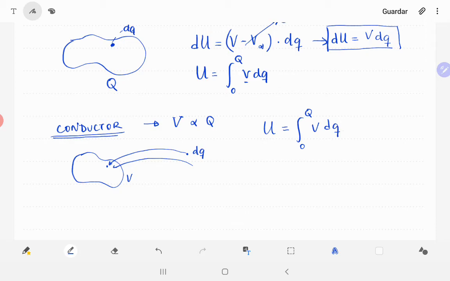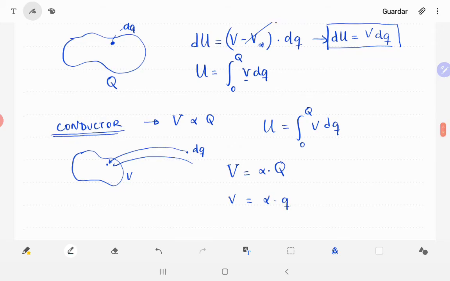Okay? So the idea now is that V, big V, that is the final electric potential, is going to be equal to some quantity that depends on the geometry times the total charge. However, at any moment, V, which is not big V, but just the potential at that time, is going to be also equal to this same constant that depends on the geometry times the charge that it has at that moment.